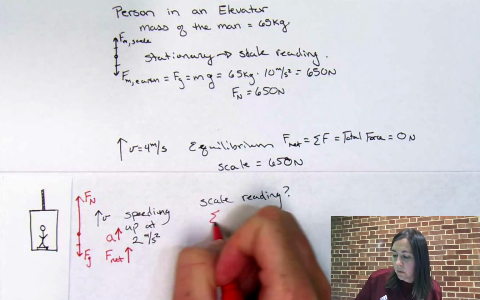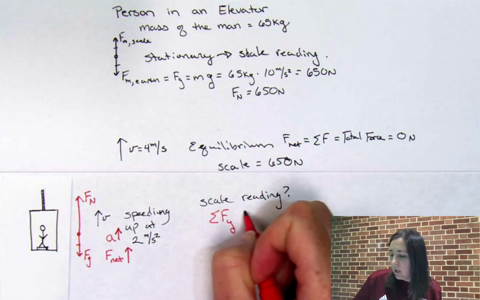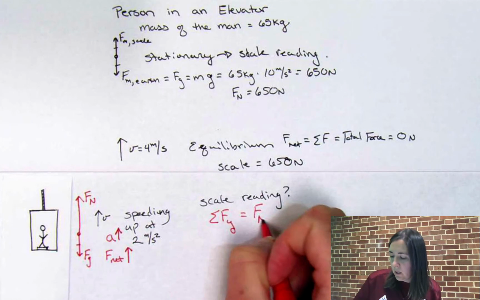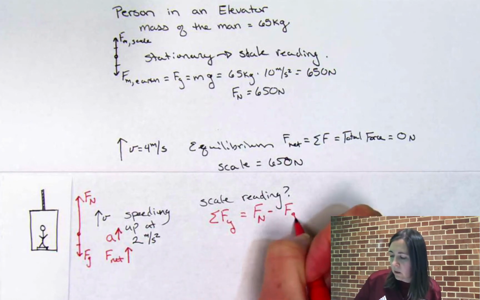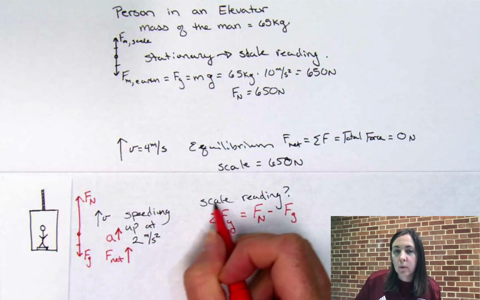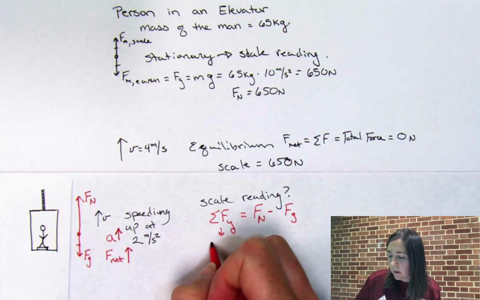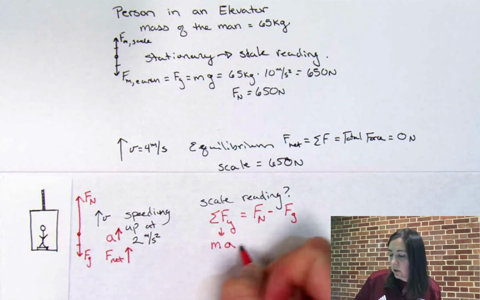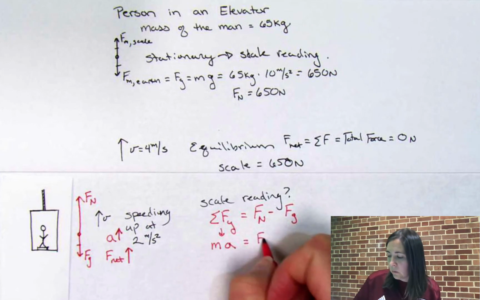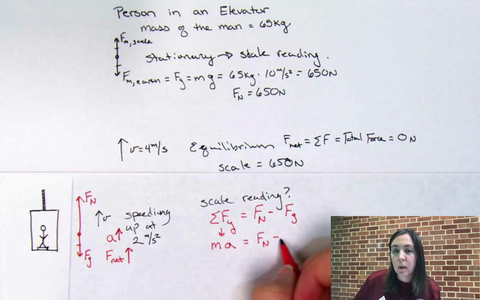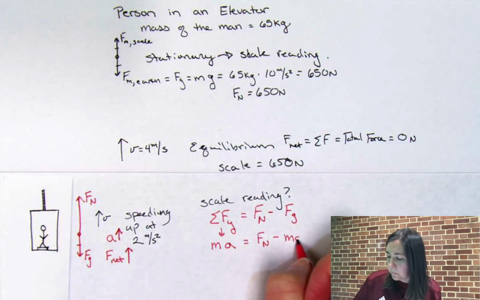You have to take the sum of the forces in the y direction. That's going to be the normal force minus the force of gravity. And the sum of the forces in the y direction is going to be the mass times the acceleration, which is the normal force minus, and I'm just going to go ahead and plug in mg here.